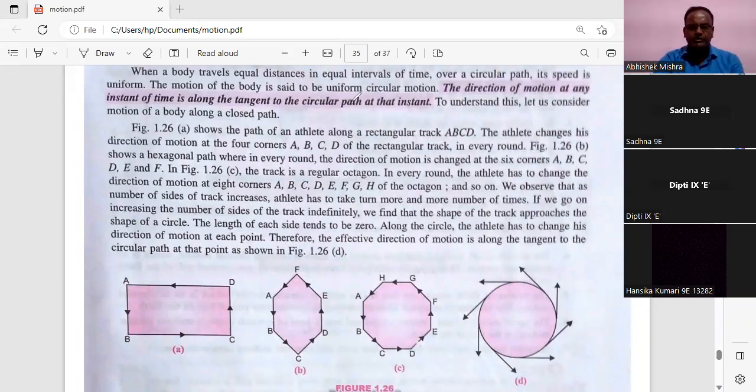My screen is visible to all. Just reply to me once through the chat box. Okay, fine.